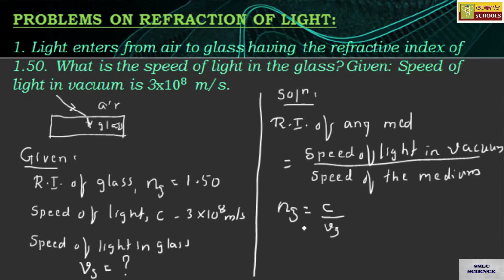Rearranging the terms, we want Vg, the speed of light in glass, which is equal to c divided by Ng, the refractive index of glass.